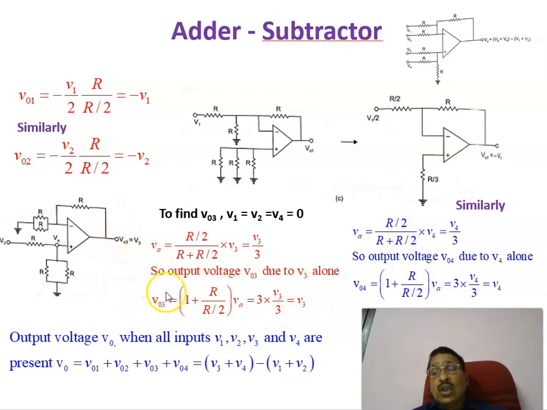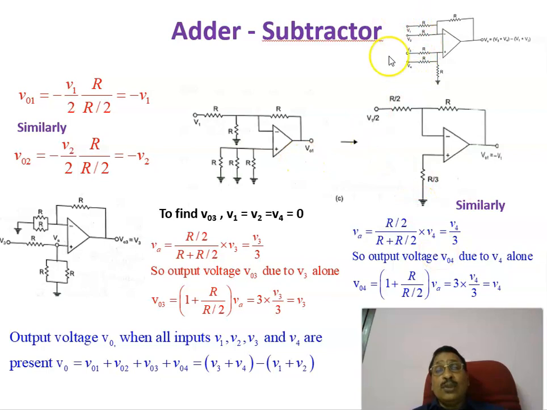Therefore, V03 is equal to V3. Similarly, V04 you can find by the same argument. You apply the voltage to this input, all others are grounded, and with the same equivalent circuit you find V04, which is equal to V4. Therefore, we got V01 equal to minus V1, V02 equal to minus V2, V03 equal to V3, and V04 equal to V4.